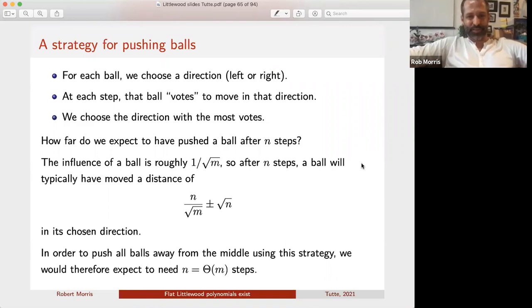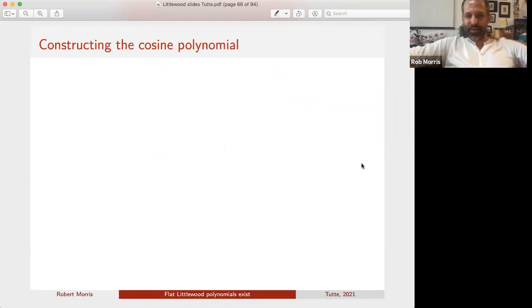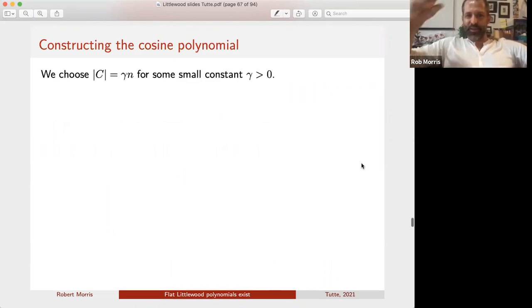Okay. So what are we going to do? The next very simple idea is we choose our cosine polynomial not to be degree about n, but to be degree gamma n for some very small constant gamma. So remember, our cosine polynomial is this real one that's random.